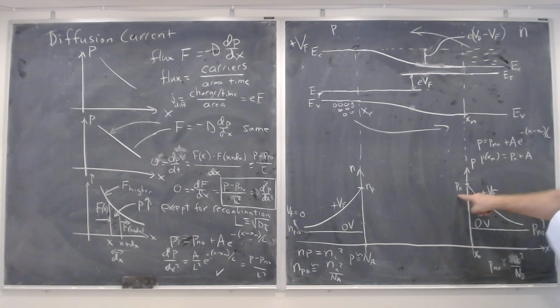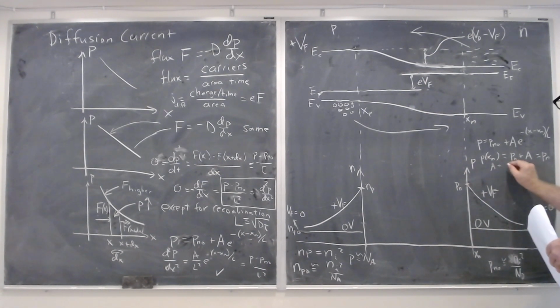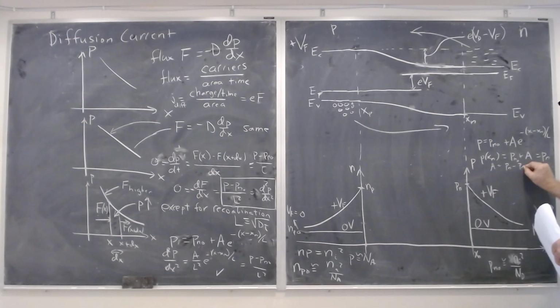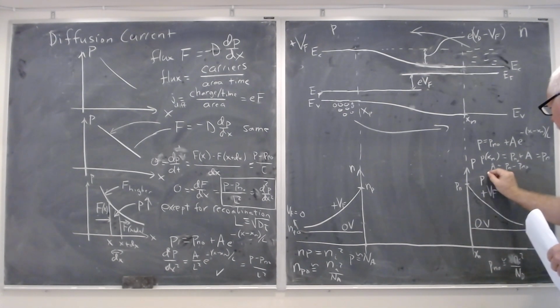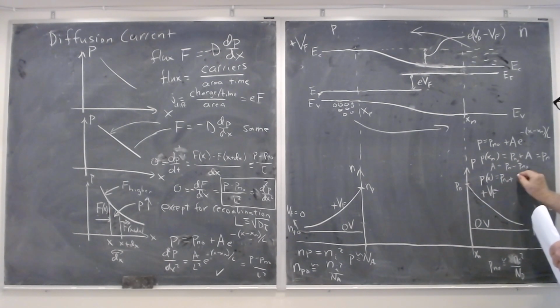What is that equal to? Pn. So A is Pn minus Pn0, and P of x is equal to Pn0 plus (Pn minus Pn0) e to the negative (x minus xn) over L.